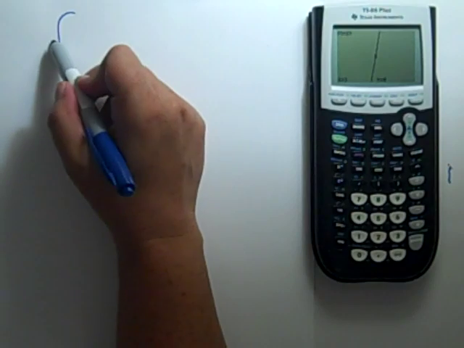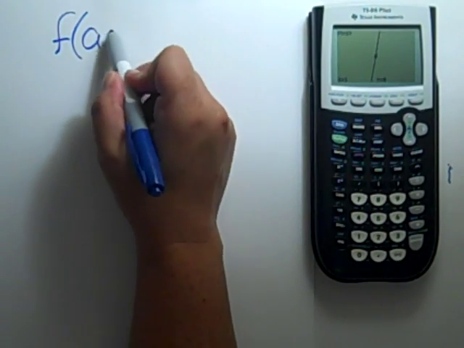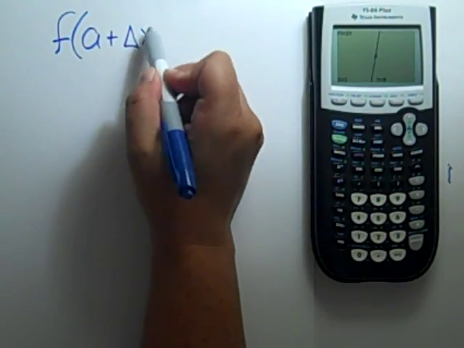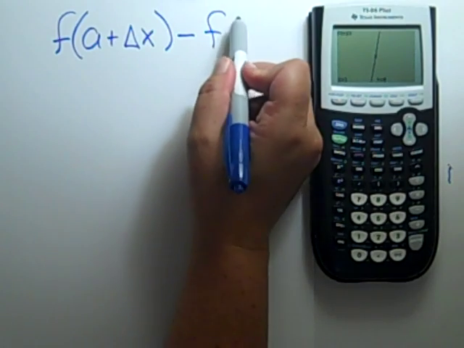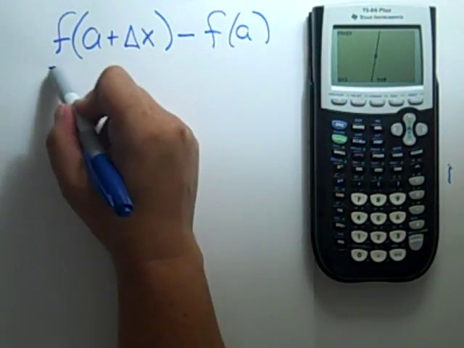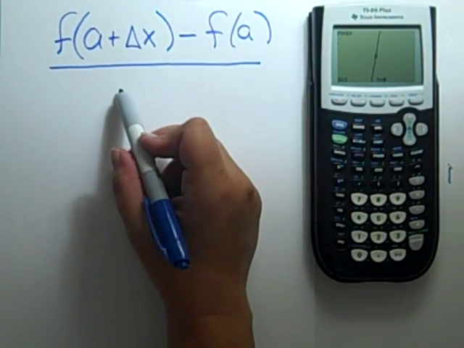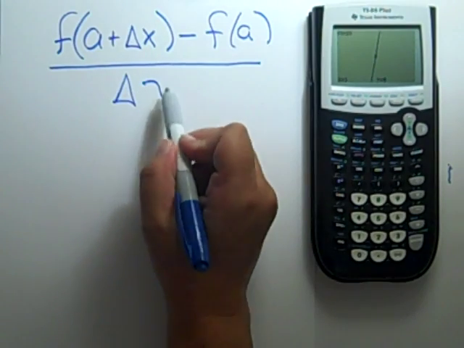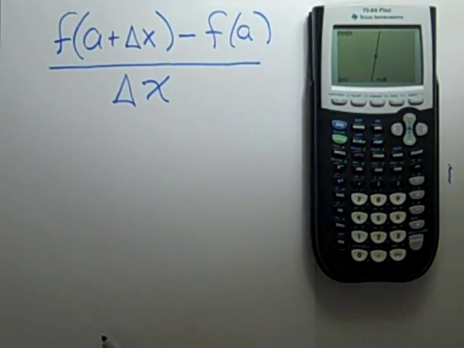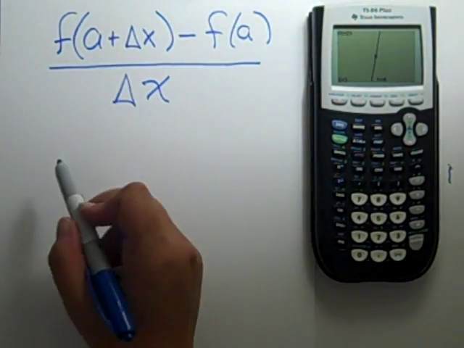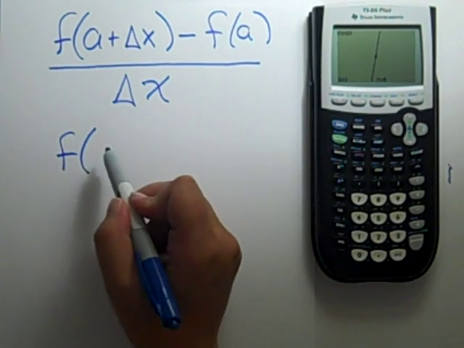Pause the video here and try to do it yourself. And remember, instead of b minus a on the bottom, let's just say delta x, because we're cool like that. Okay, what is a plus delta x? Well, we just figured it out a minute ago.